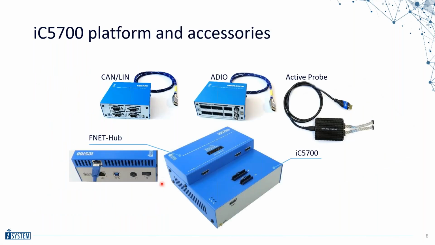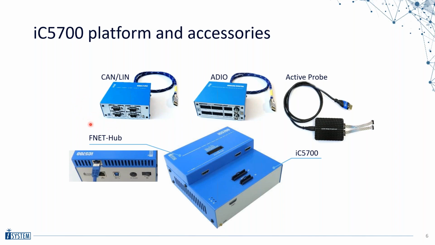iSystem debuggers, the latest addition is the IC5700. It has so-called FNet ports. Beside the debug and trace ports, we can extend these FNet ports and connect external add-on modules. One of them is the CAN-LIN module.